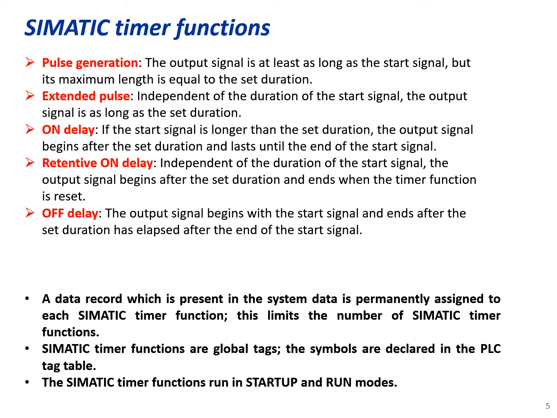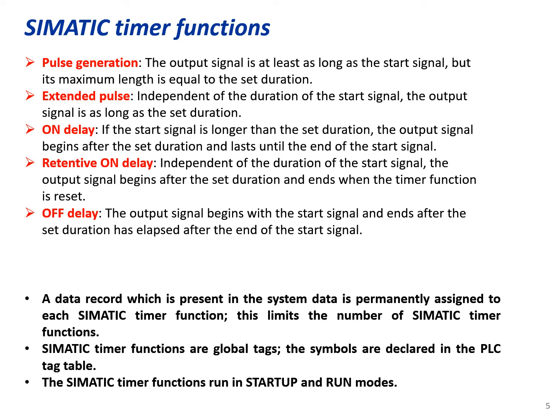A data record which is present in the system data is permanently assigned to each SIMATIC timer function. This limits the number of SIMATIC timer functions. So based on the hardware PLC that you have, you may have some limitation on the number of timers or counters, because they have different capacity and size of memory.